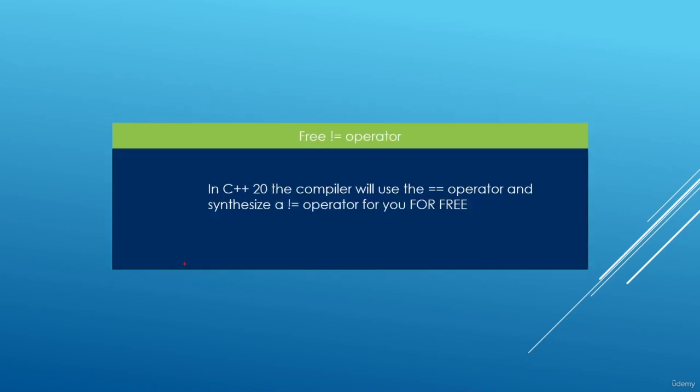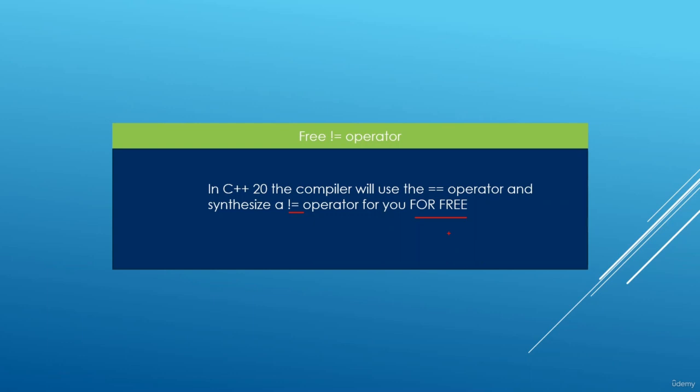Another thing that is really cool in C++20 is that the moment you set up an equals operator, the compiler is going to generate a not equals operator for you for free. And this is really cool. So the moment you set up an equals operator, the compiler is going to say, I can use this operator to generate other operators and make the life of the developer really easy.